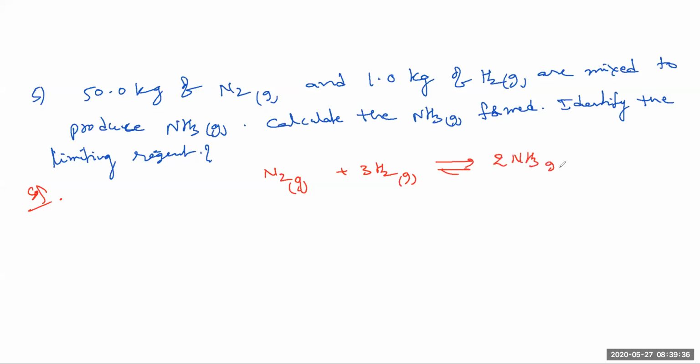Come on, by using this stoichiometric equation, calculate now. What he asked is to calculate the amount of ammonia. So what is the amount of ammonia and what is the limiting reagent? First find the limiting reagent, then identify. Solve it. 2 minutes time.